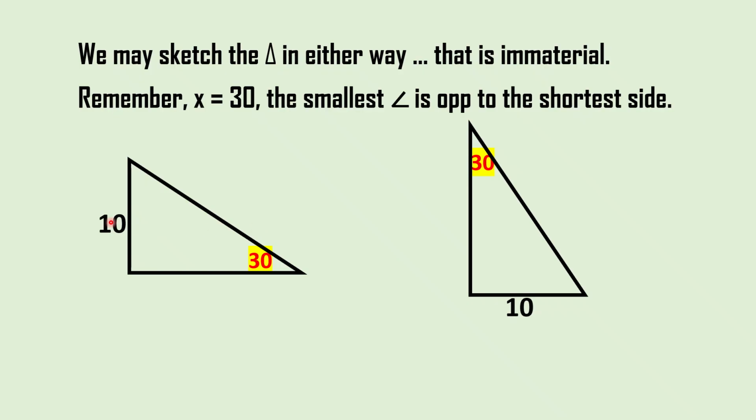If you mark this 10 and somewhere else 30 degrees, then it would be wrong. The smallest angle should be opposite to the shortest side. So x equal to 30 is the smallest angle, and the opposite side is the shortest side, which is 10 centimeters.